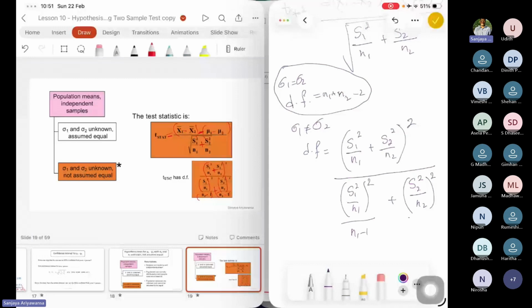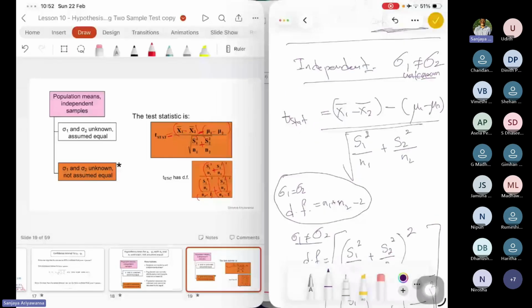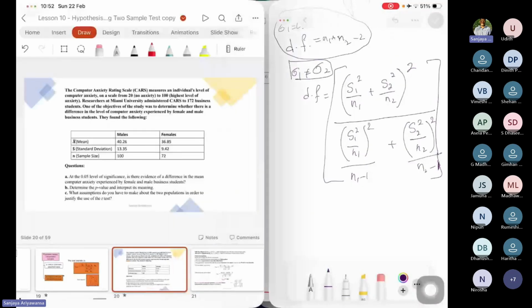So this whole thing is degrees of freedom when your sigma 1 and sigma 2 are not equal. So let's look at this given example. In this particular example, what are they saying?